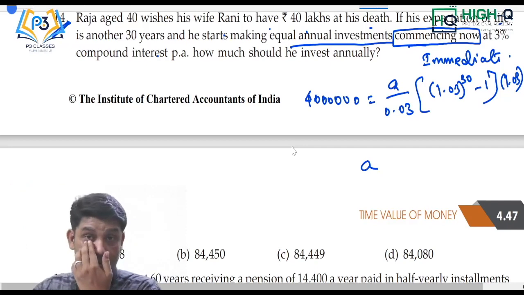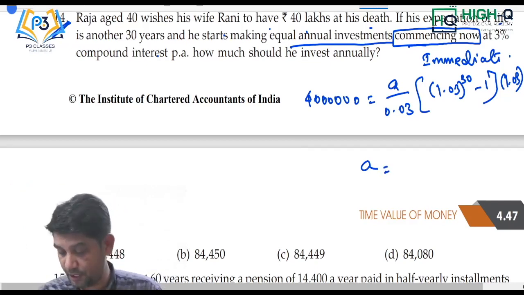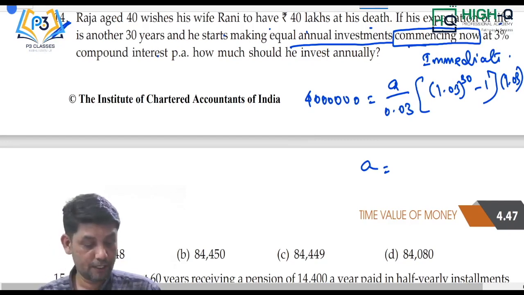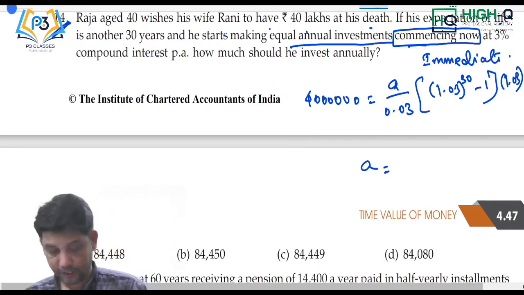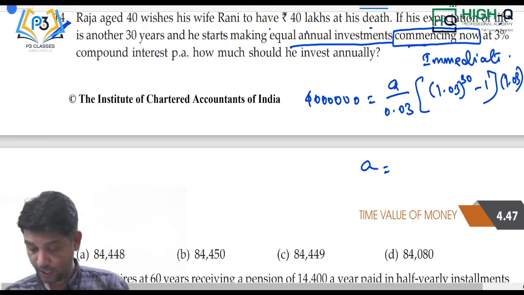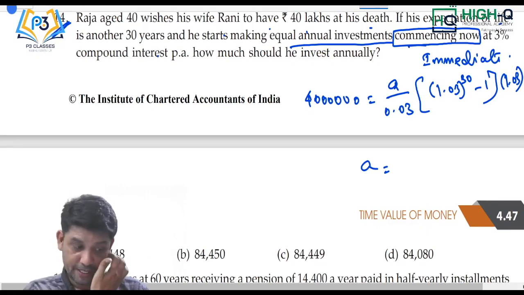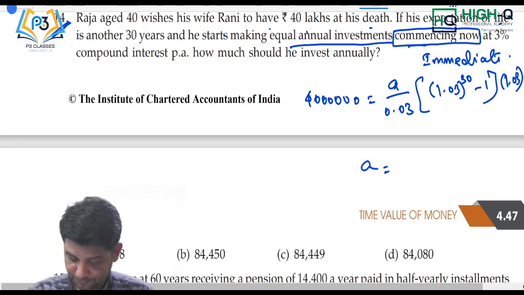So what is the immediate annuity answer, sir? Let me check. 1.03 to the power 30, minus 1, into 1.03, divided by 0.03, into 40 lakhs. 81628.19.